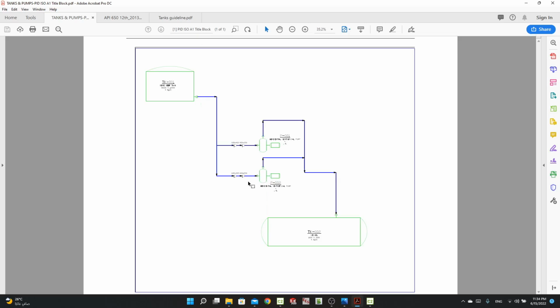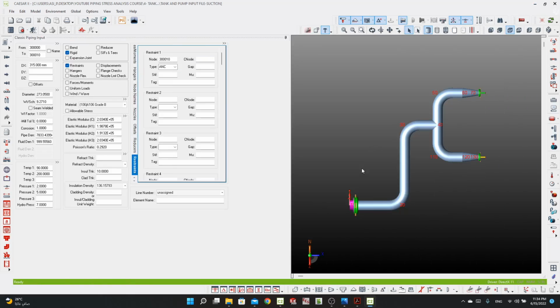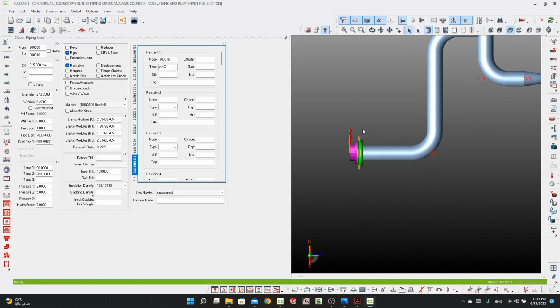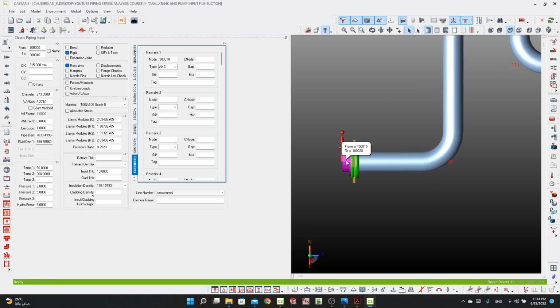I will explain why we are using this. This is a simple system, which is not a real system. Now we go to here. As you can see, I already did this example, but let us delete it and repeat it again.